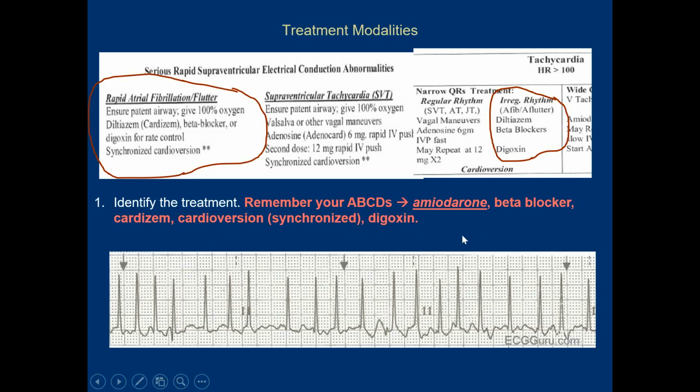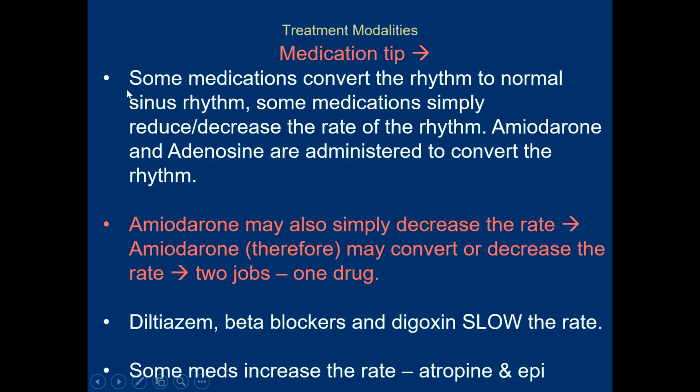So what do these drugs do, or how do they work differently? And that's kind of the medication tip here. There are some medications that are known as antiarrhythmics, as in they can convert the rhythm to normal sinus rhythm. What are the two in our course? Amiodarone and adenosine. These 2 drugs convert the rhythm. And then there are other drugs such as amiodarone, diltiazem, beta blockers, and dig that slow the rhythm down.